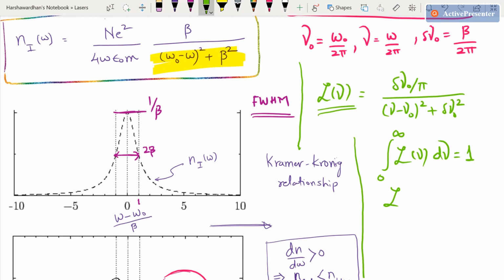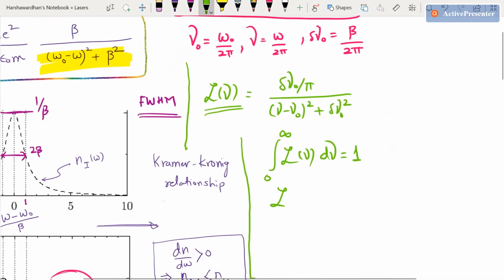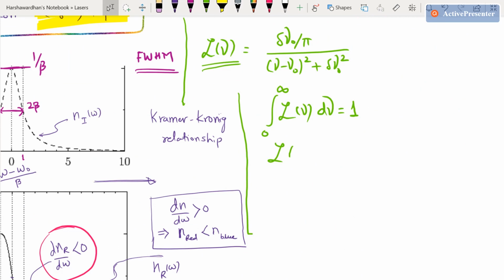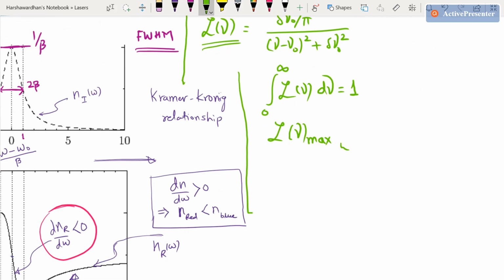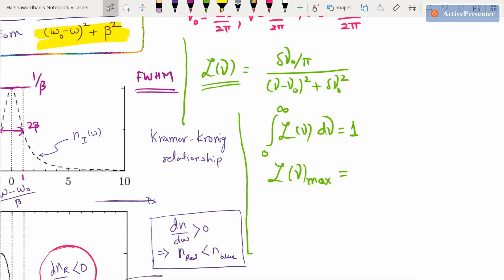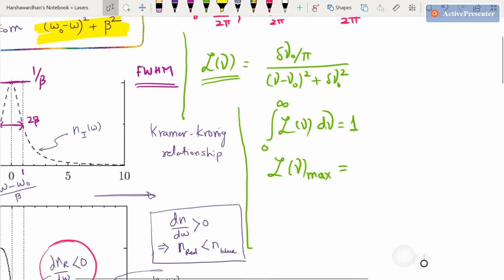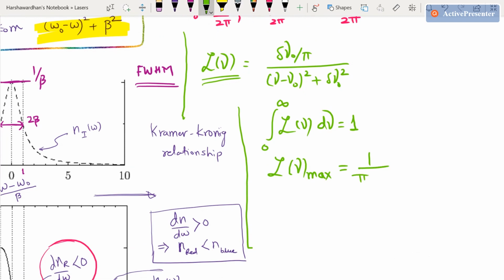I'm just writing down a few characteristics of the Lorentzian. The maximum value, L nu max, happens at nu equal to nu naught, and it takes a value of 1 over pi delta nu naught.